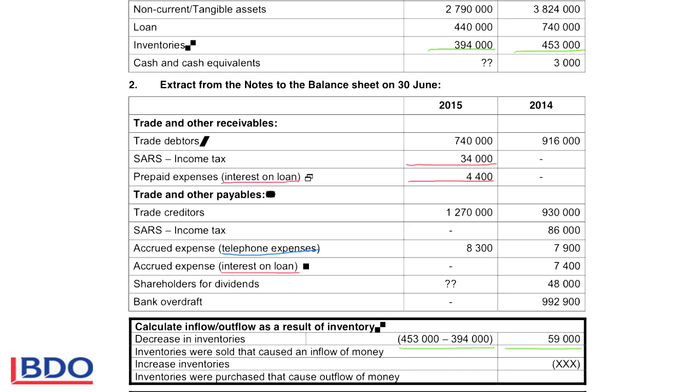If the inventories increase, it means that we bought more inventories. And if we purchase more inventories, we have to pay for the inventory. Then there will be an outflow of money. So if the current year is more than the previous year, more inventory was purchased, and that caused an outflow of money.